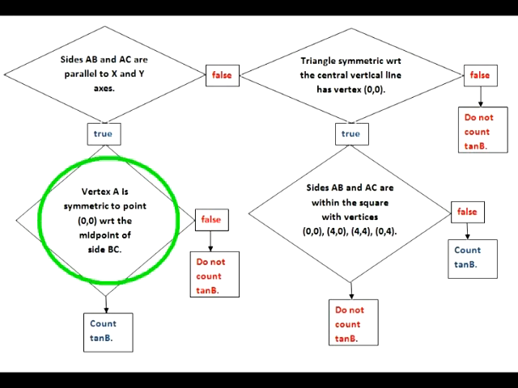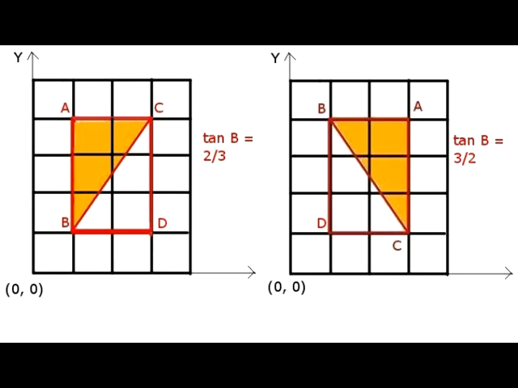If it's false, that is, vertex D opposite to vertex A of the rectangle ABDC is not at the origin, then this triangle belongs to the pair of triangles from set T whose tangent B values are reciprocal to each other and cancel each other in multiplication.